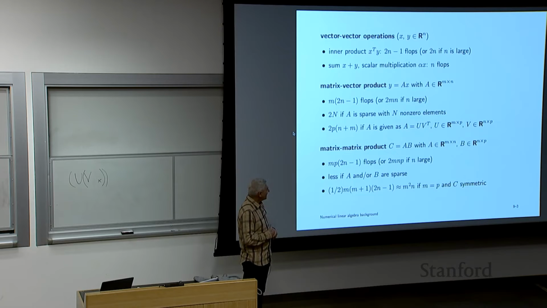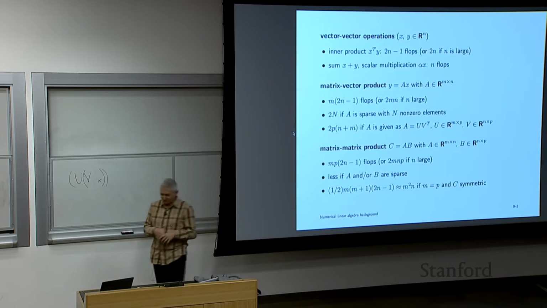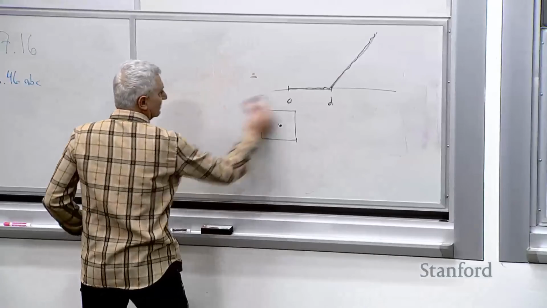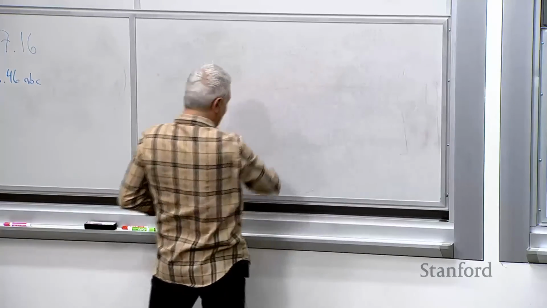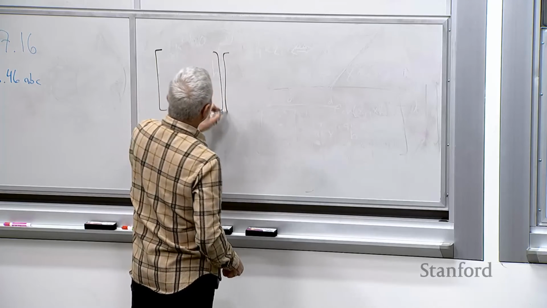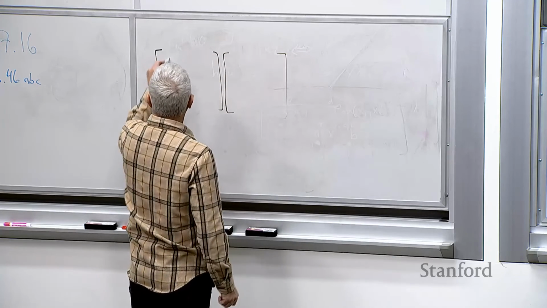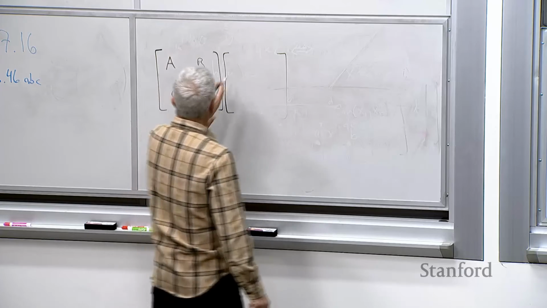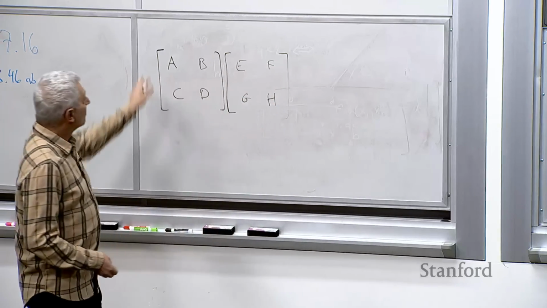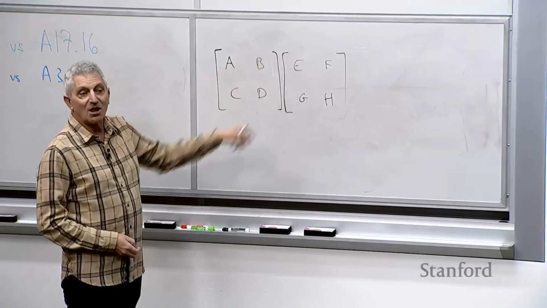Actually, I can tell you how that works, because the exact same method is used in practice. So I'm going to show you that just for fun. Not the details. Actually, maybe almost all the details, but it doesn't matter. If I'm going to multiply two matrices, like A, B, C, D times E, F, G, H, you just partition it into blocks like this.